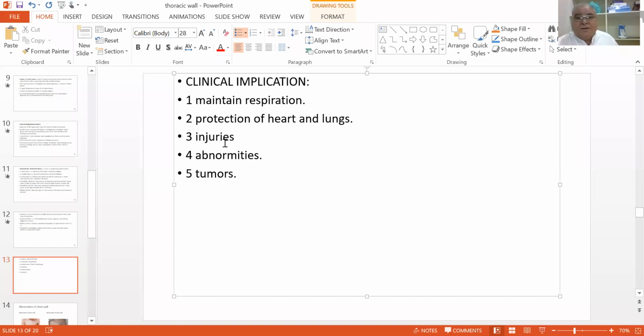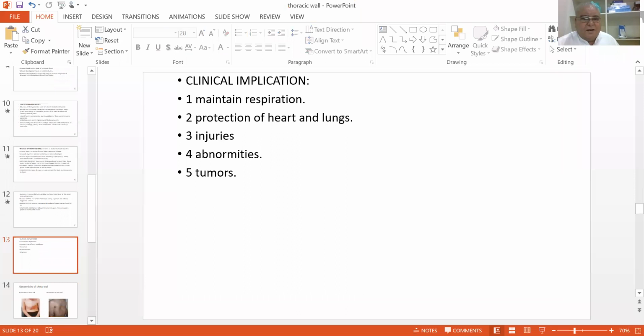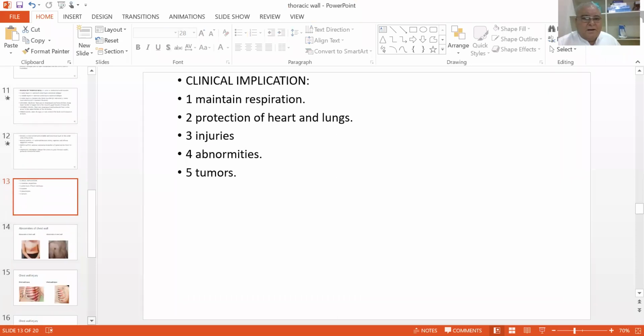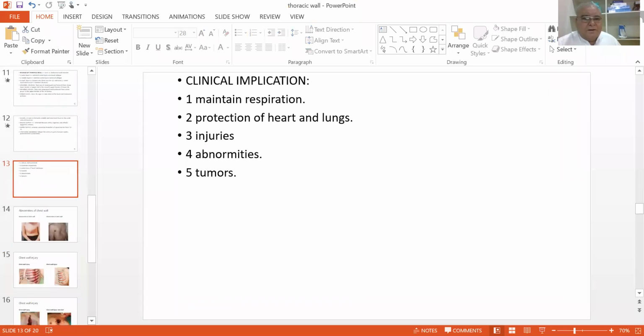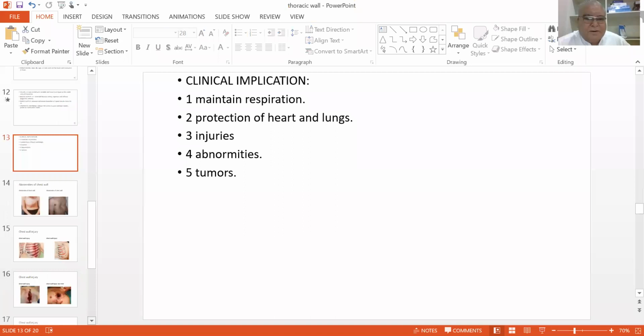So I'll show you the injuries, the abnormalities and the tumors. Now you can see the different injuries. I'll show you the injuries and the relevant tumors, the clinical. I'll just show you in a minute, and I'm sure you will appreciate.